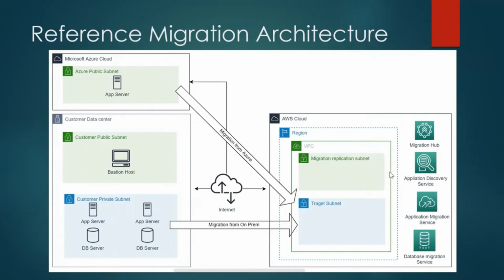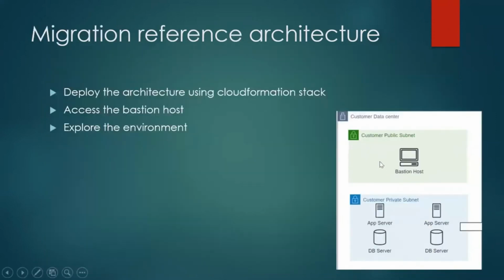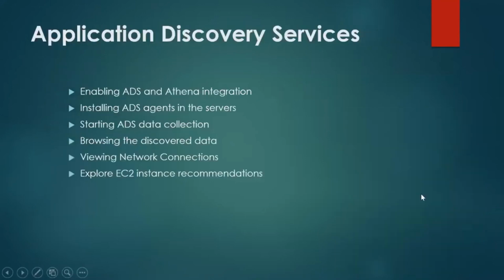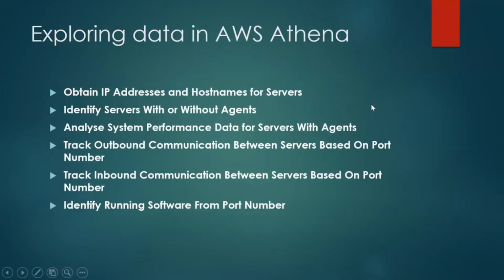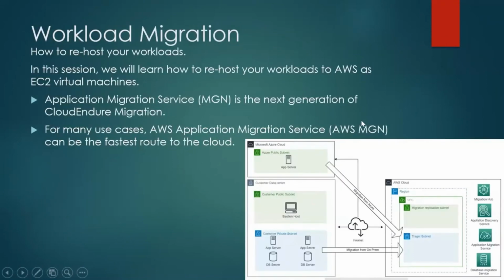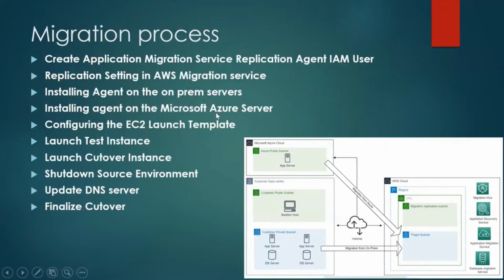Moving forward, at a high level, we deployed the architecture, explored our environment, installed the Application Discovery Service agent, and ran various queries in Athena to explore the data. Then we started with workload migration and migrated the environment from the on-premises customer data center and from Microsoft Azure to AWS.